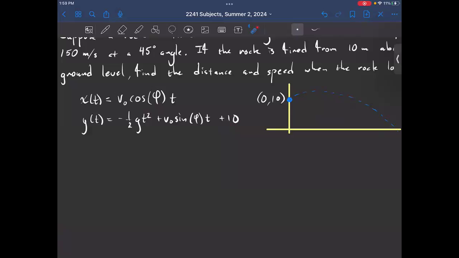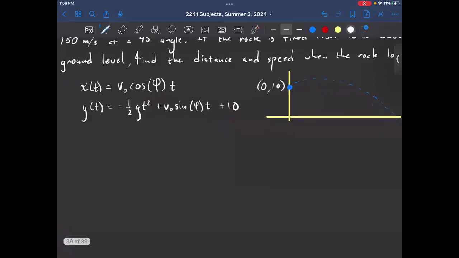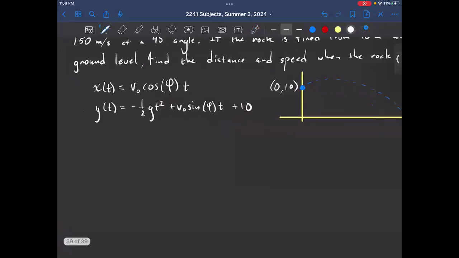Okay, so now I'm given all of my parameters. I know V0 equals 150 meters per second. Phi equals pi over 4 or 45 degrees. And g, I know, is 9.8 meters per second squared.